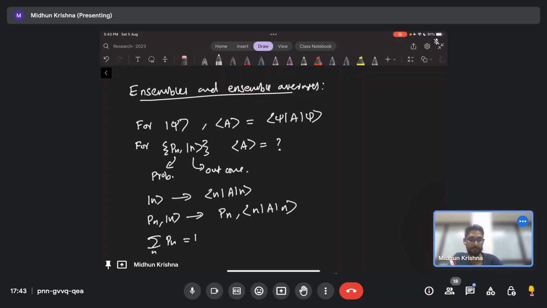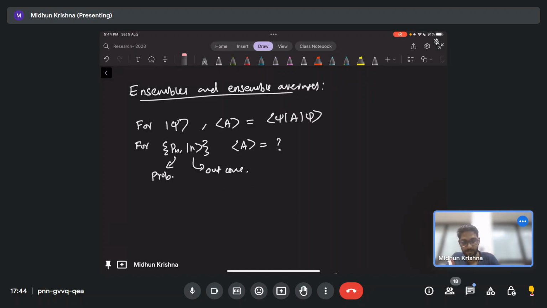So how are you writing this? n A n is the expectation of A. Which line, this line? Yeah. So I'm saying, let's say I have a system in the state n.